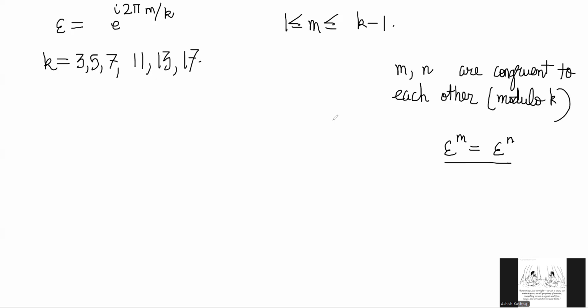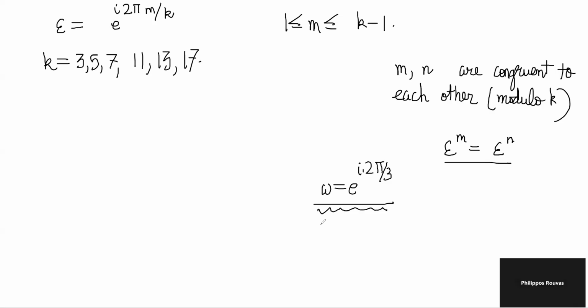For example, if you take a cube root of unity, one of them is e power i 2 pi by 3, right? Do you know that this is a cube root of 1? Yes. So you should also know that omega power 1 will be equal to omega power 4 because 1 and 4 are congruent to each other modulo 3.